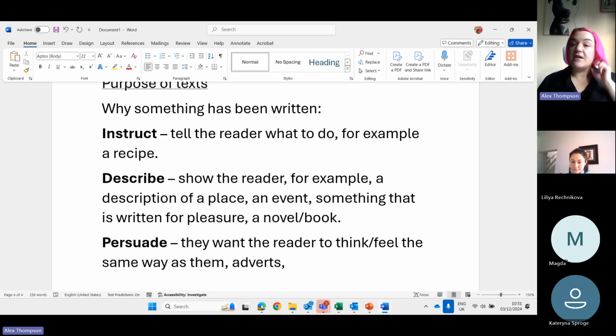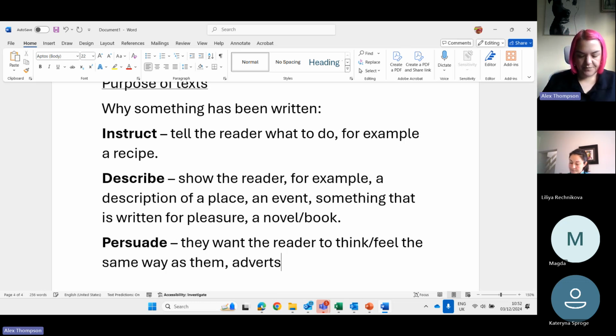So the person writing the advert for Tesco or Asda thinks that Tesco or Asda is the best. They want you to think that they're the best too. And it can be because they show you their product and tell you how amazing it is, or it could be because they tell you about offers or prices or whatever it is that makes their company or product different.